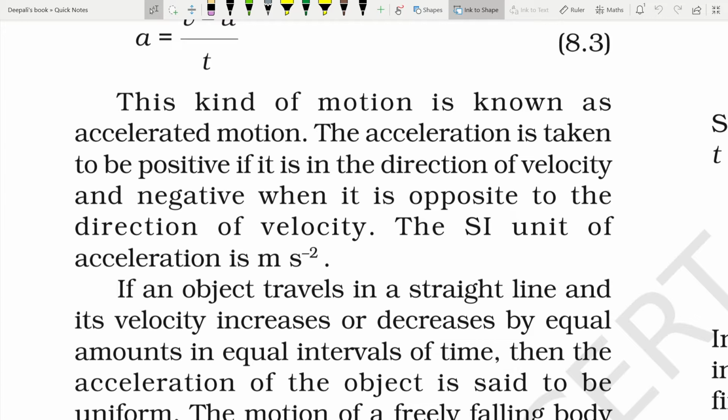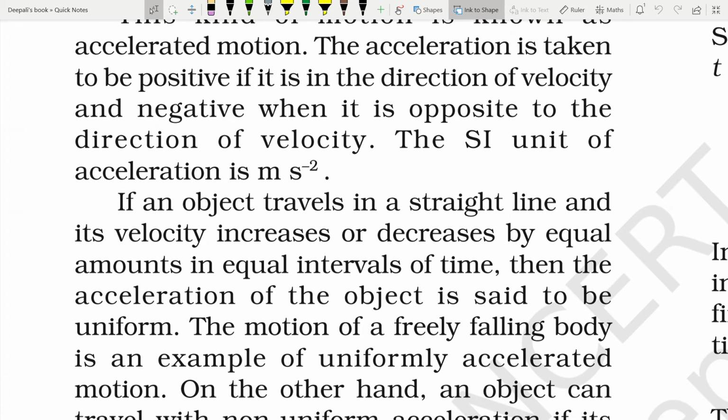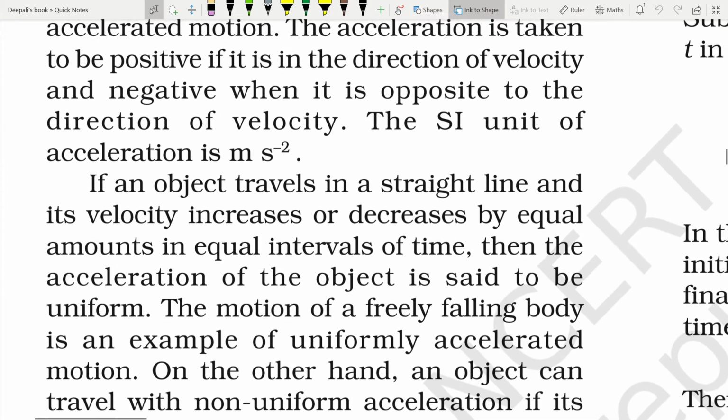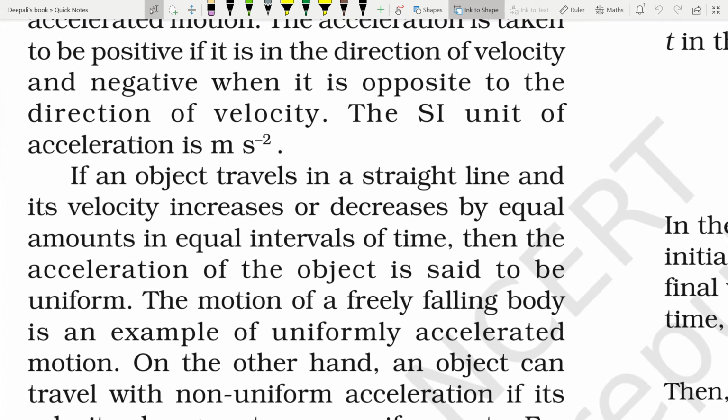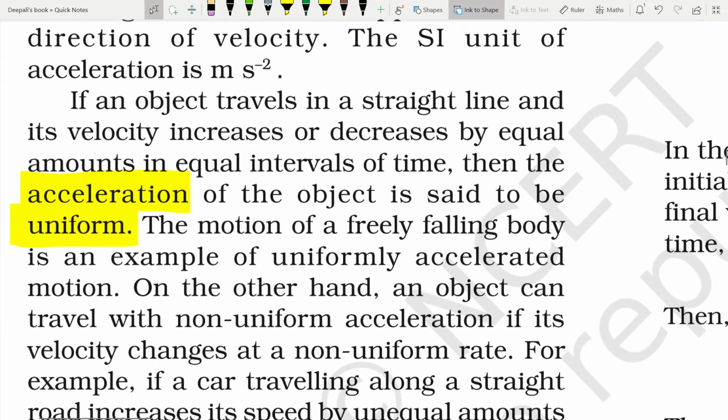Now, let us understand what is uniform acceleration and non-uniform acceleration. If an object travels in a straight line and its velocity increases or decreases by equal amounts in equal intervals of time, then the acceleration of the object is said to be uniform. A freely falling body is an example of uniformly accelerated motion.